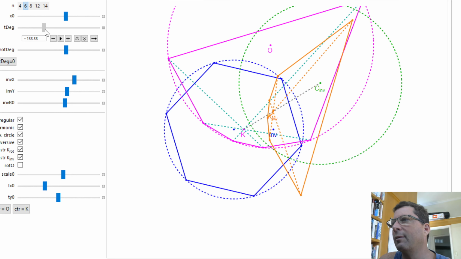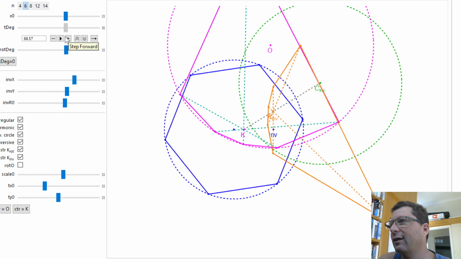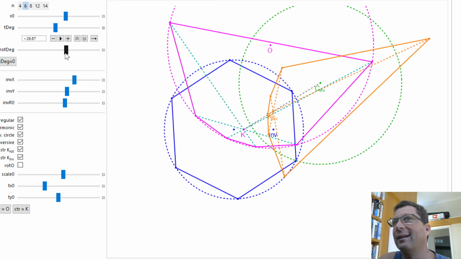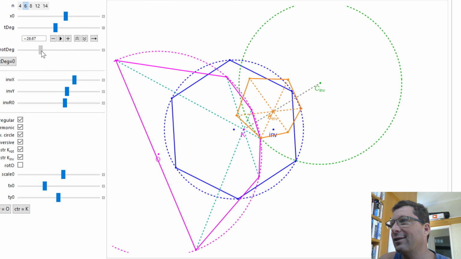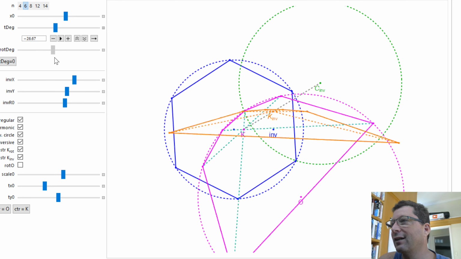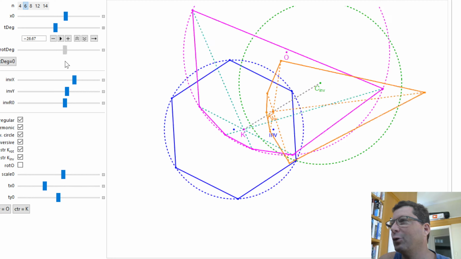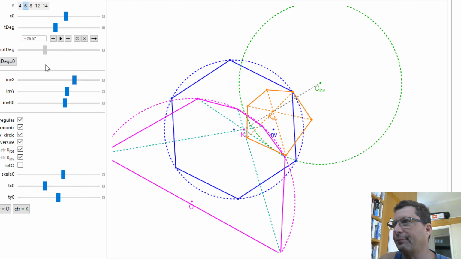You can see that that maintains the inversive Symmedian stationary. And I can also sweep this rigid rotation about K, which also maintains my inversive Symmedian stationary. So it's as if we have two magical stationarities going on.